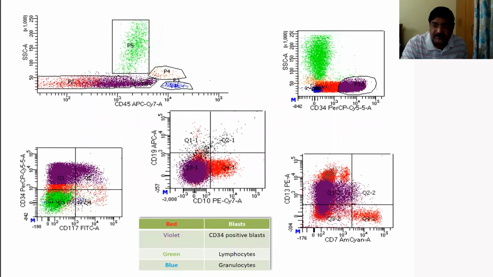In the CD34 side scatter plot, you find that these violet ones are CD34 positive. And if you look at this CD117 and CD34, you have CD34 being positive, but they are negative for CD10 and CD19. They are positive for CD13, so granulocytic marker is positive. So CD34, CD13 is positive.